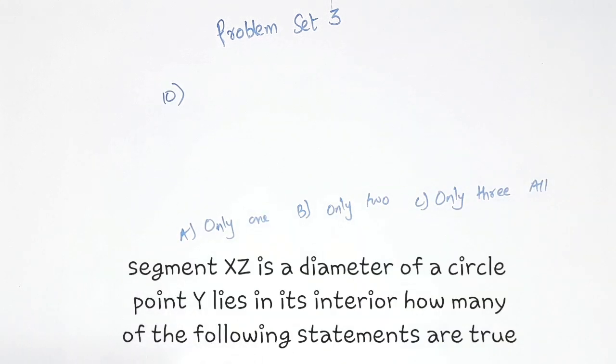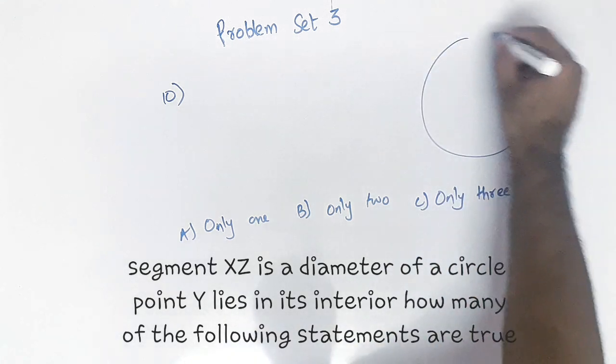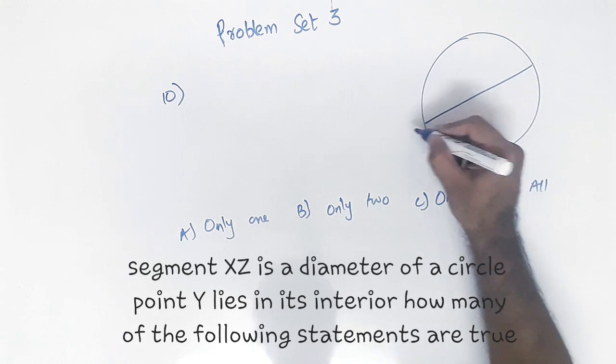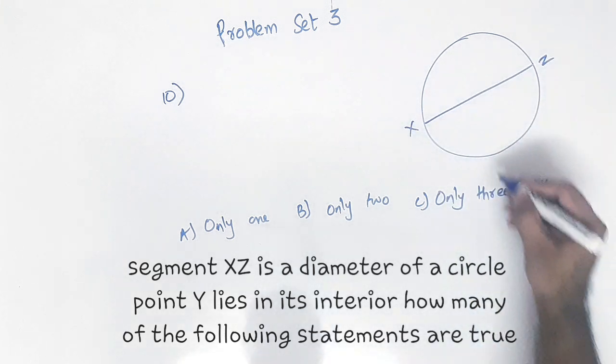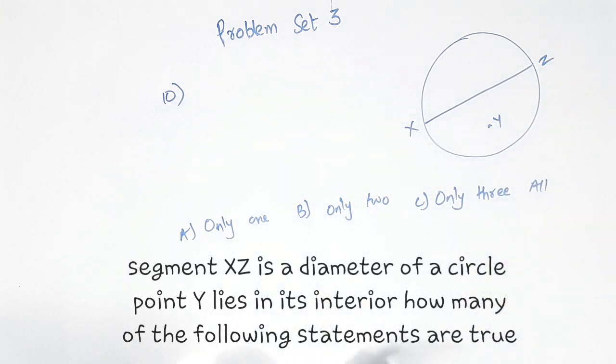Coming to sum number 10, they are given XZ is the diameter of the circle, point Y lies in its interior. How many of the following statements are true? XZ is the diameter, Y lies in the interior. The first one: it is not possible that angle XYZ is an acute angle.